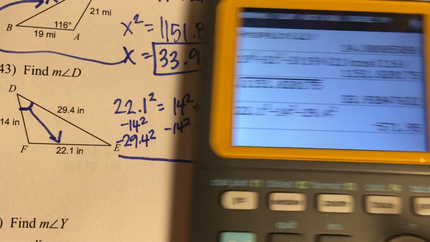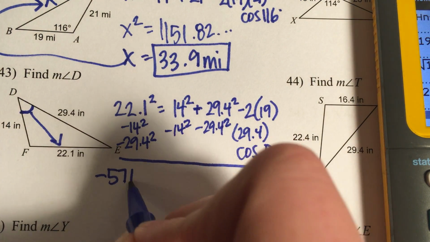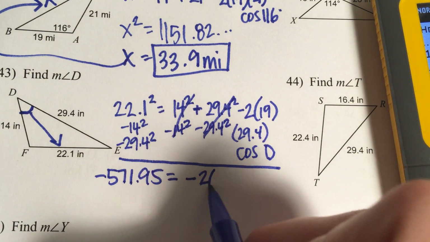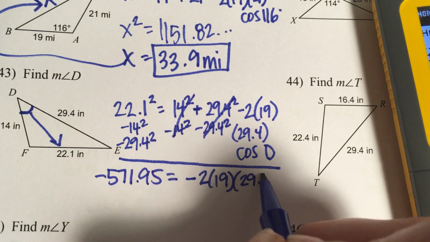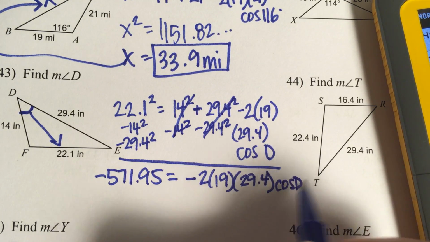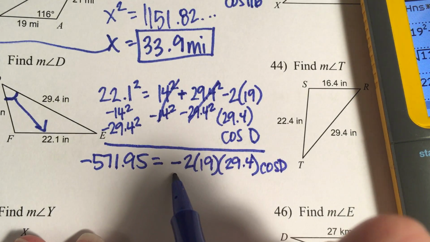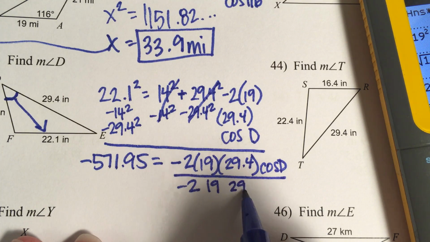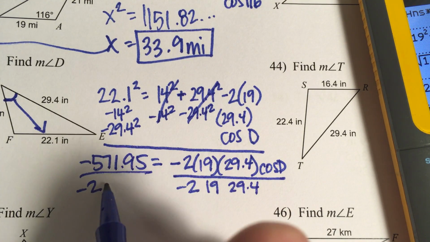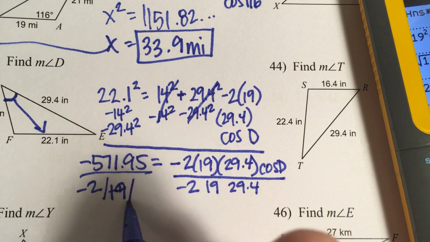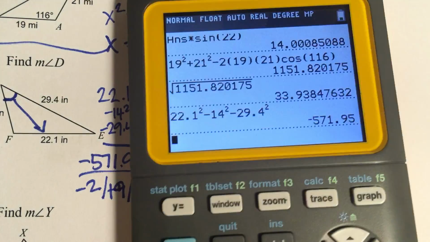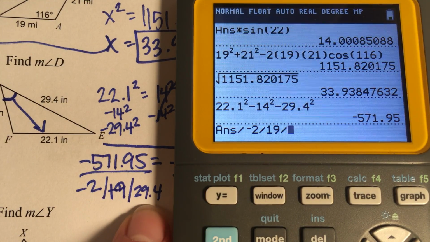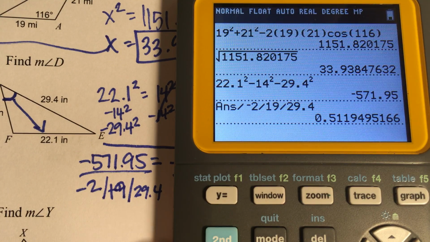I get negative 571.95 is equal to negative 2 times 19 times 29.4 cosine D. In this case, I want to divide these all the way. So divide by negative 2, divide by 19, divide by 29.4. So my calculator, I'm just going to do divide by negative 2, divide by 19, divide by 29.4. And that gives me this number here.